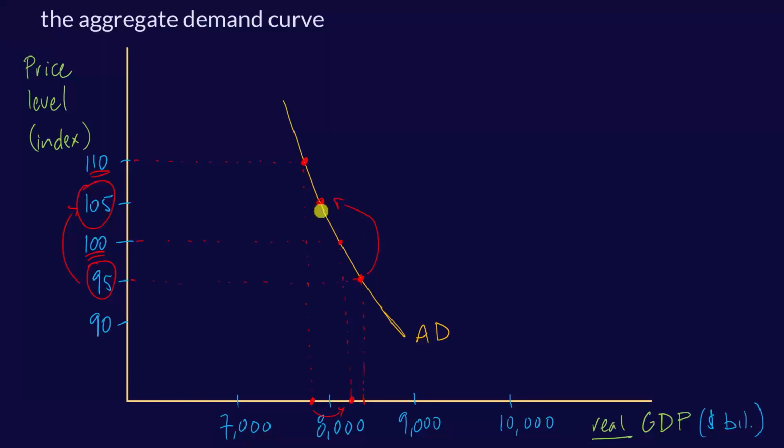And so aggregate demand, i.e. GDP, is going down from this point here to this one here. Okay, so that's what we're talking about with these effects, the price level changing and that having some effect on aggregate demand. And we're measuring aggregate demand in amounts of real GDP. So when the price level changes, aggregate demand changes, which means that real GDP changes.